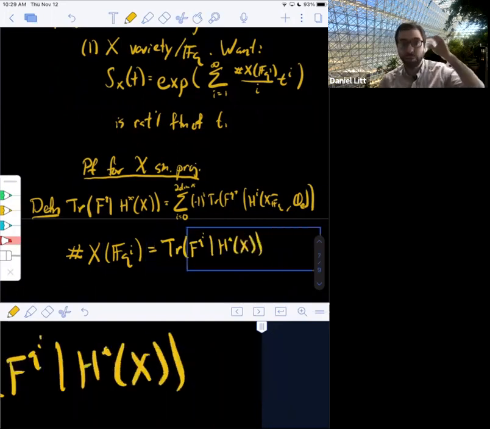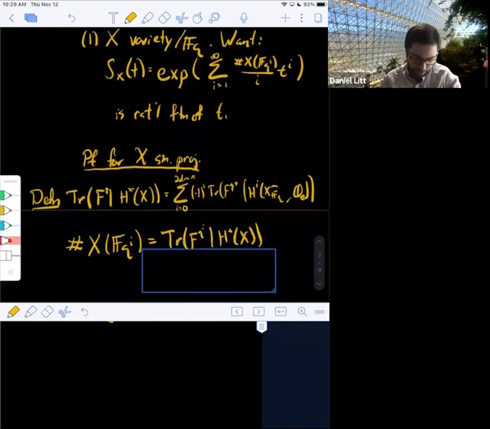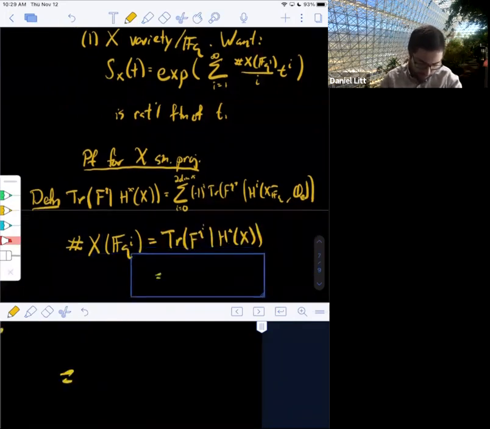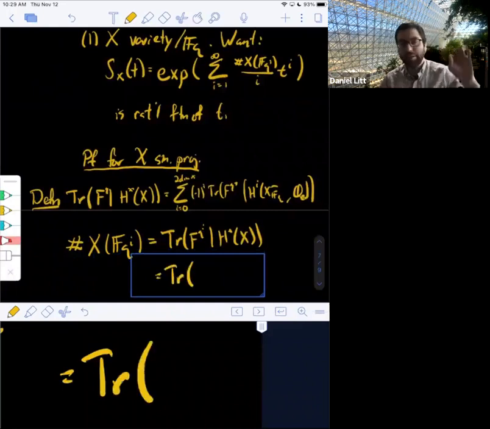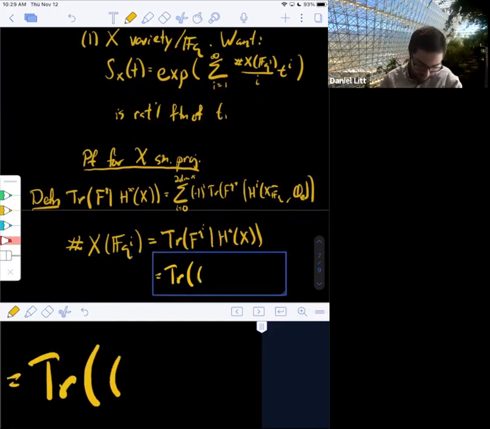This is what the Lefschetz fixed point formula tells us. Then the observation one needs to check is that FQ to the i is FQ to the i, which is again tautological from what we wrote down before, but you have to check it. So this is FQ to the i.